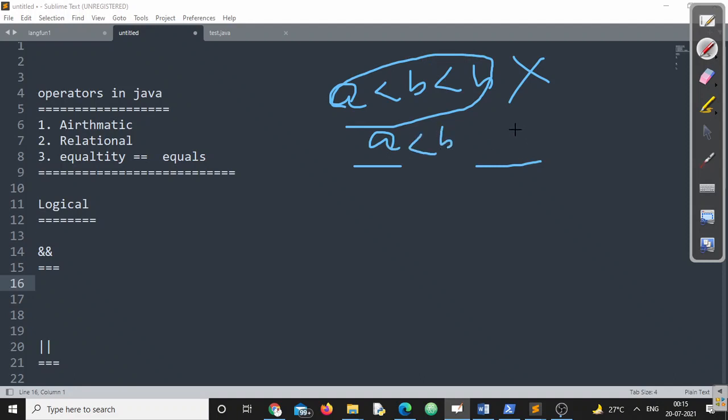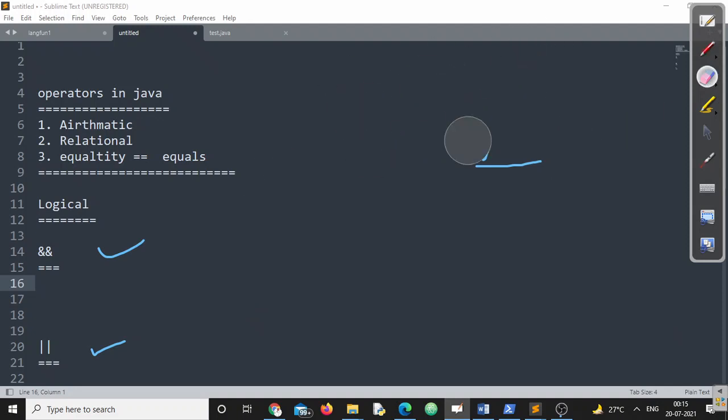I can write like this, or like this. Then I can combine with the help of AND or OR as per our requirement. So these can be used to combine different conditions represented with the help of relational operators. Clear?